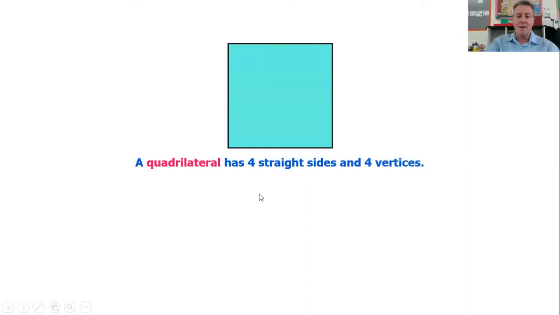Next we have a square. It's called a quadrilateral. All the things with 4 sides are quadrilaterals, but we don't need to know that yet. We'll just learn square and rectangle. A square has 4 straight sides and they're equal, they're the same, and 4 corners. Flat face again.